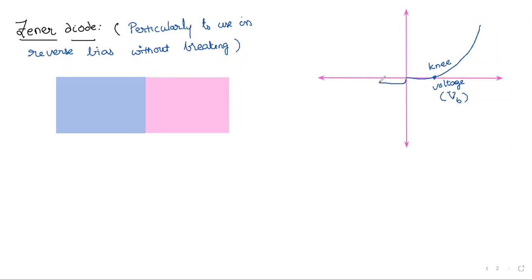In reverse bias, what problem did you get there? Up to here, the current increased slowly like this. But when you increase the voltage beyond a particular limit, I got a breakdown somewhere here. This is called the avalanche breakdown, at avalanche voltage VA.